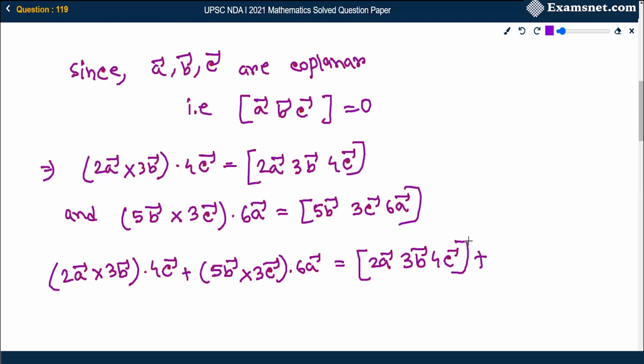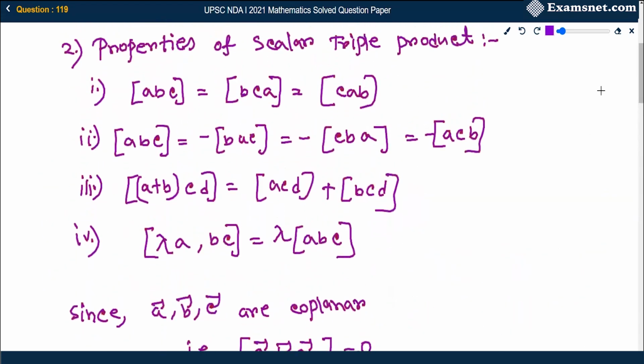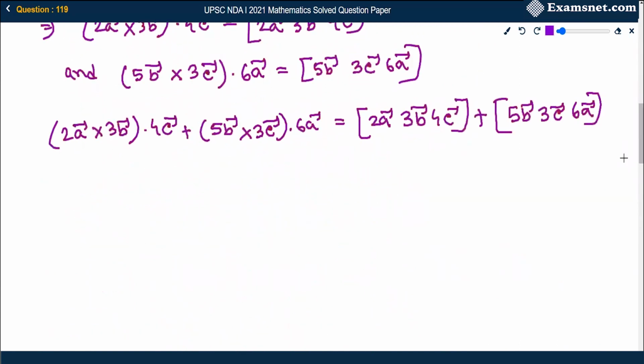So C plus, right? As we know that [A B C] equals [B C A] equals [C A B], so we can write it this way.